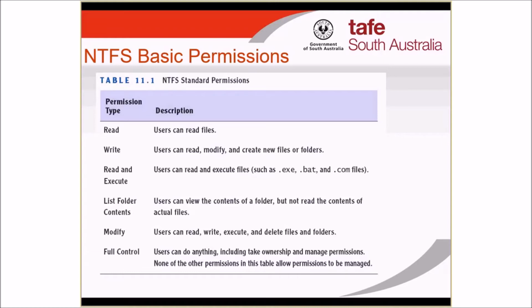But if someone leaves the organization, and the user accounts are cancelled or deleted or disabled, what you can do is take ownership of this file, for anyone who's got full control. So full control allows you to take ownership as well as manage the permissions. Again, if I've got full control, I can then say these other users can have a level of permissions.